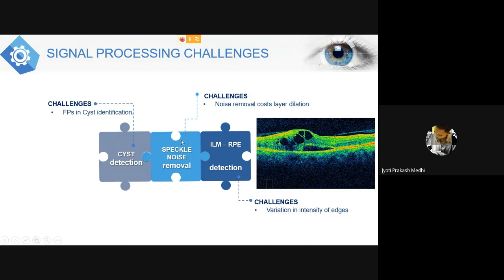In the speckle noise removal, if the algorithm is not proper, or if the algorithm blurs the image, then it will take away the information of the edges. If the edge information is lost, then the other processes will not work properly, because the other detection processes require detection of the ILM and RPE layers, which have edges that we have to identify.